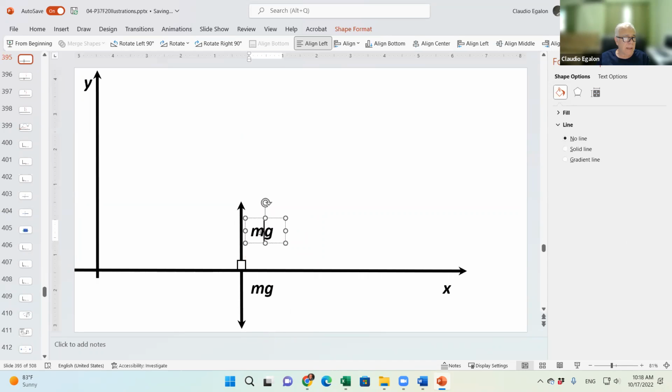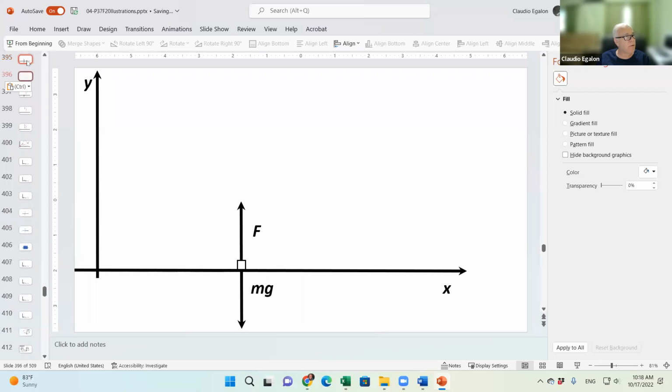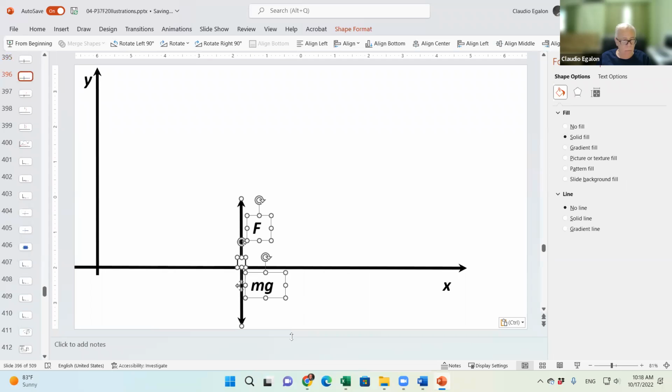This force must be equal or greater than mg, otherwise the object is not going to go upwards, right? So when I apply this upward force to the mass, it's going to move upwards, right?